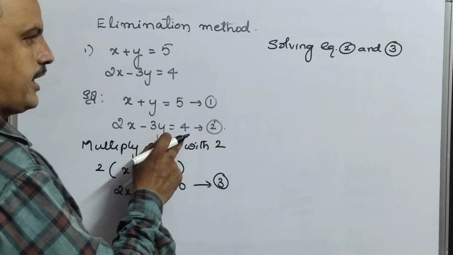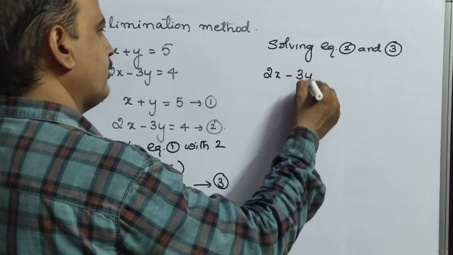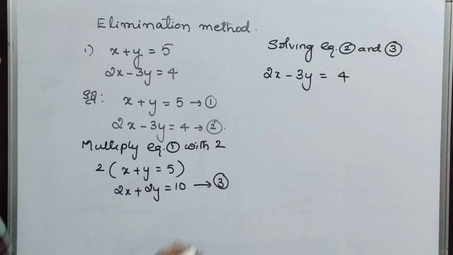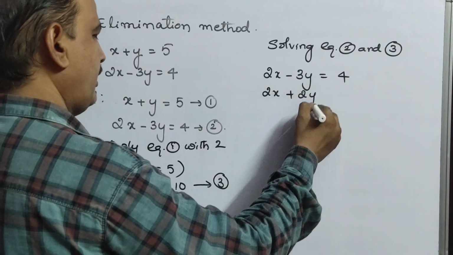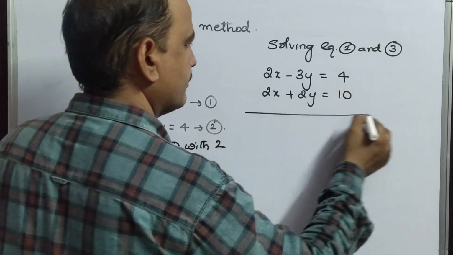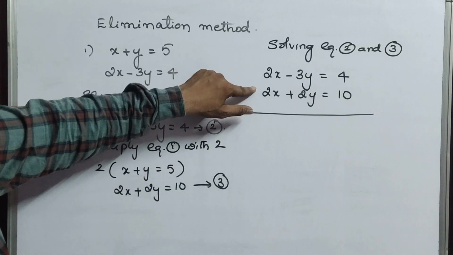See here, the second equation is 2x minus 3y equals 4. What is the third equation? 2x plus 2y equals 10. Now if you do plus plus, how will you eliminate?